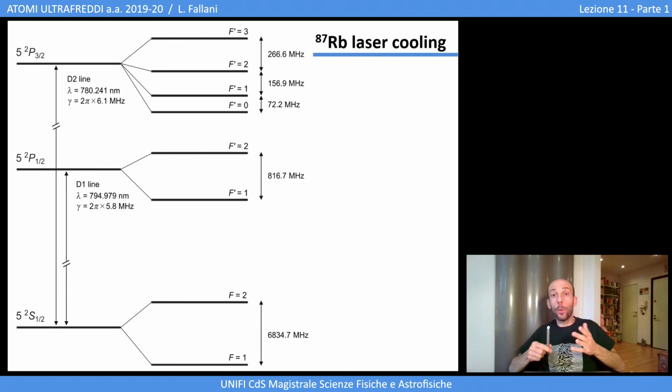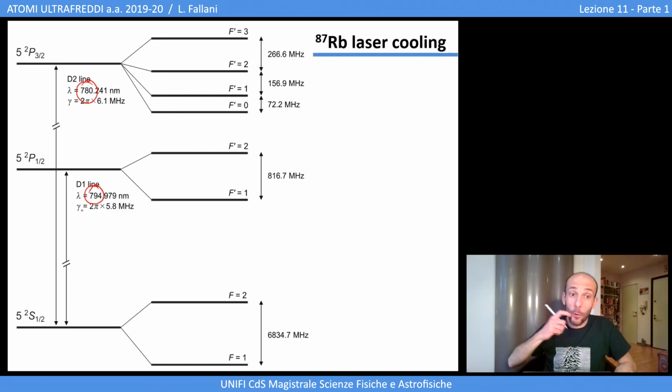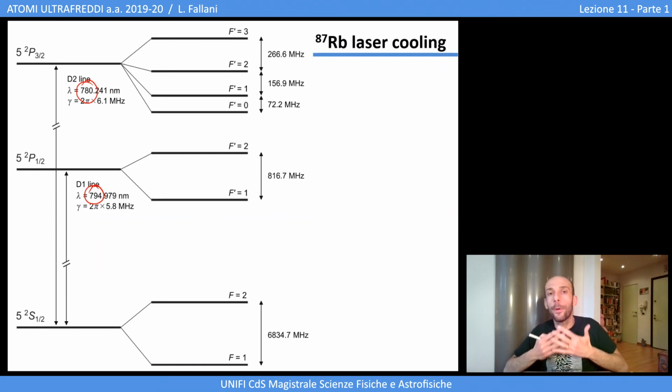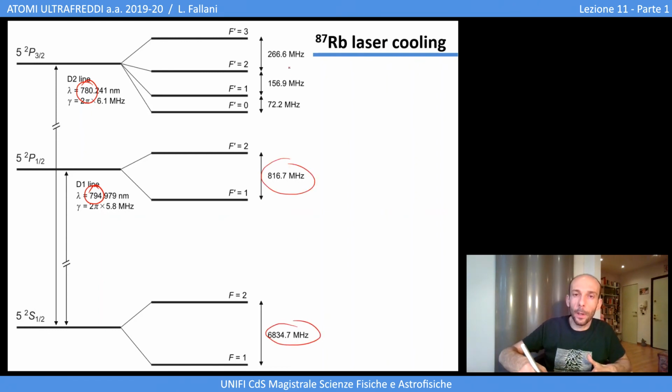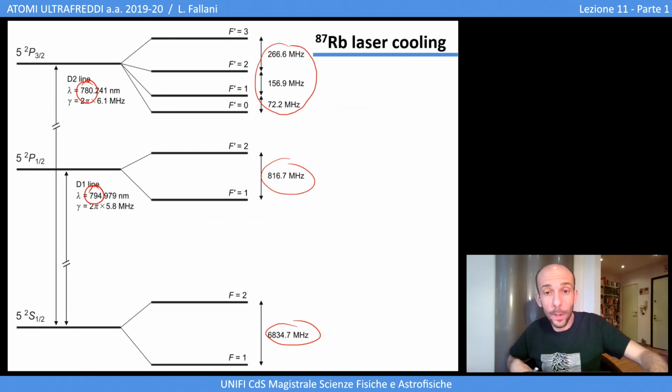For rubidium, the wavelengths are 780 nanometers and 795 nanometers, and the line width is about 6 megahertz for both transitions. And for both transitions, you have a hyperfine structure, because you have a hyperfine splitting both in the ground state and in the excited states. The hyperfine splitting in the excited states is much lower than in the ground state. In the ground state, the splitting is about 6 gigahertz, while in the excited states, it is on the order of hundreds of megahertz.